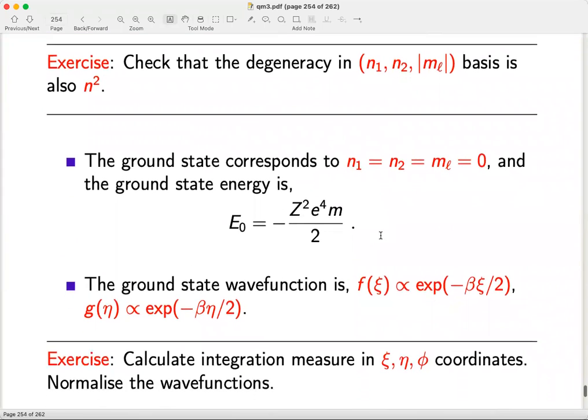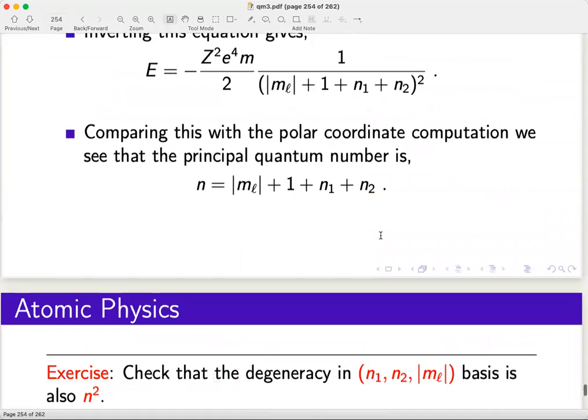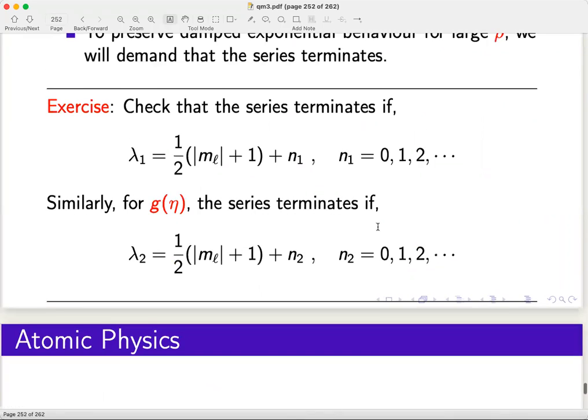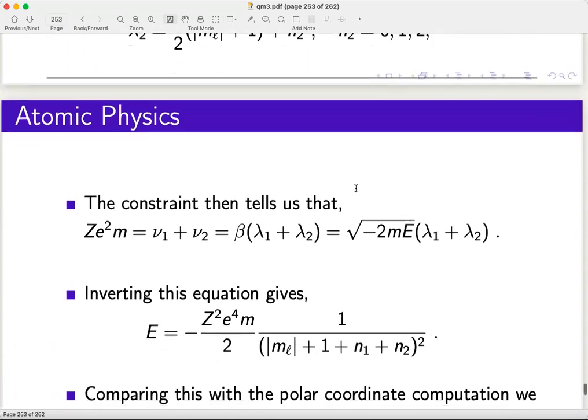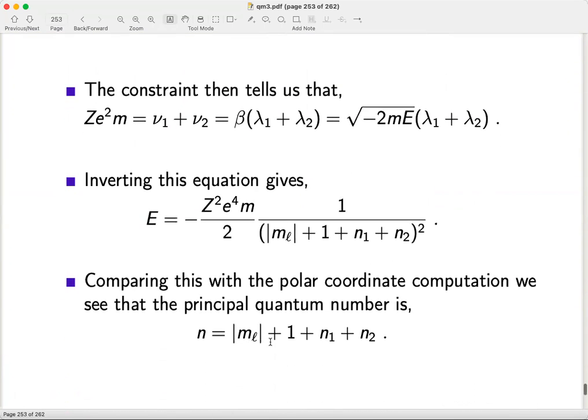So of course, the ground state corresponds to taking the smallest possible values of n, n1, n2, and ml. It's mod of ml, so the smallest value that ml could take is 0. The smallest values n1 and n2 can take is 0. And notice that the principal quantum number starts from 1.